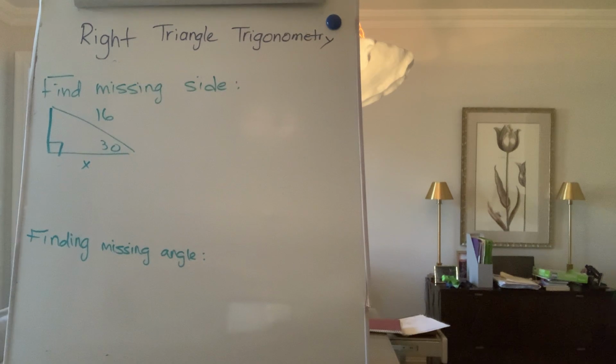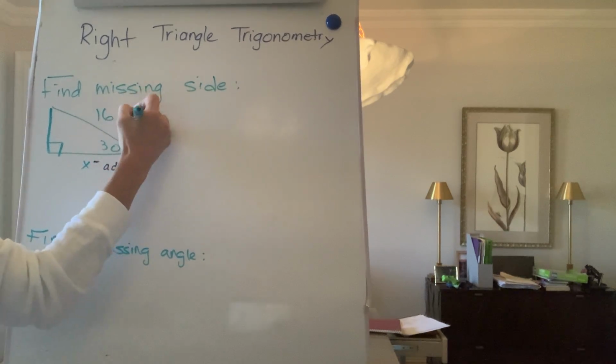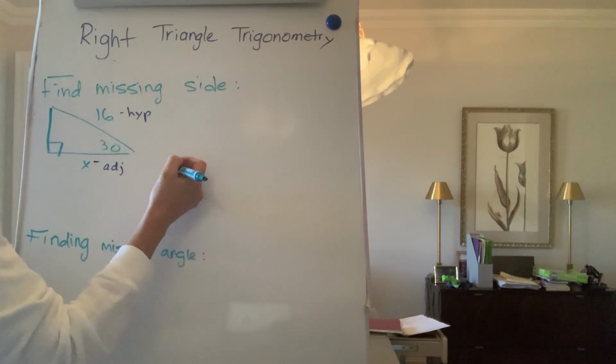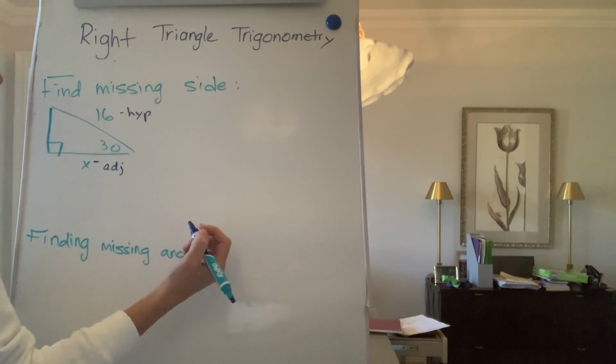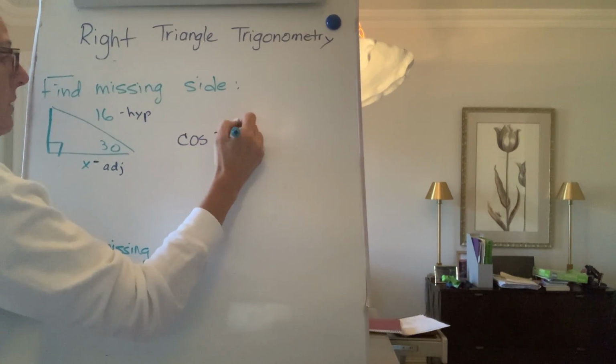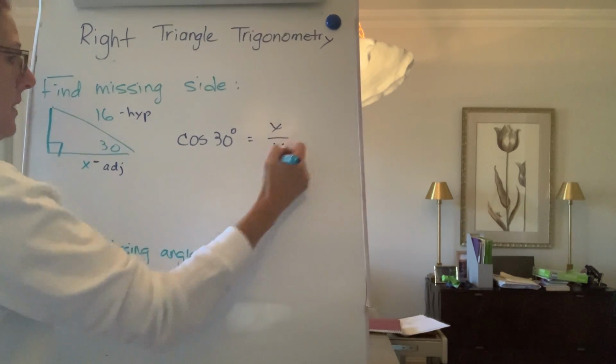all right, so we can set up, if we look here, we have the adjacent side and we have the hypotenuse. So the trig function we want to use here is cosine, because cosine is adjacent over hypotenuse. So I can say that the cosine of 30 degrees is x over 16.